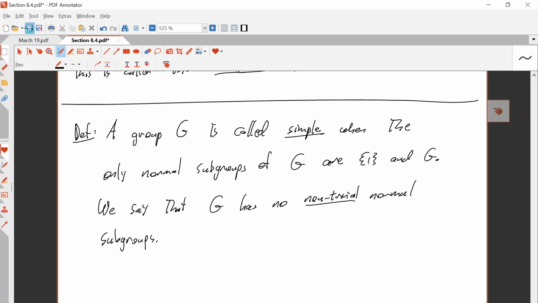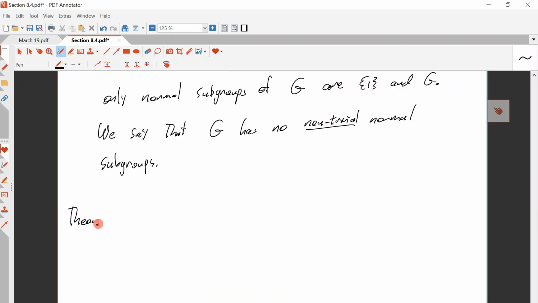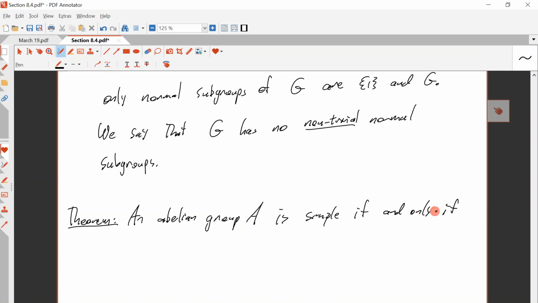So, for example, Zp is simple. An abelian group A is simple if and only if A is isomorphic to Zp for some prime p.